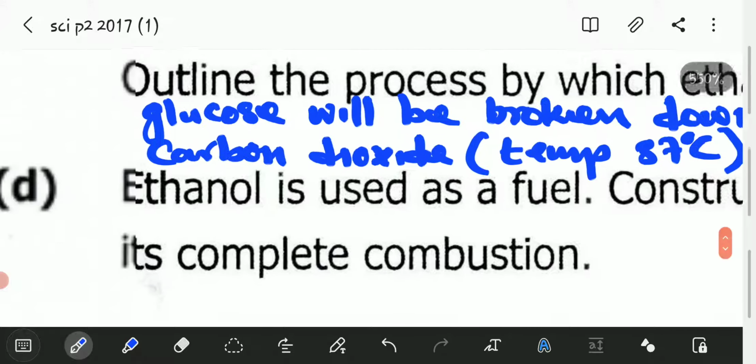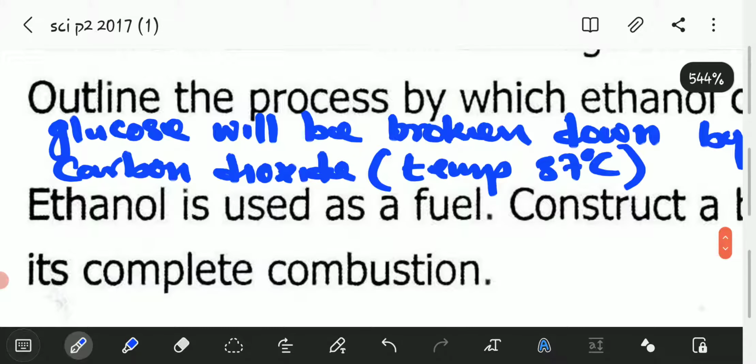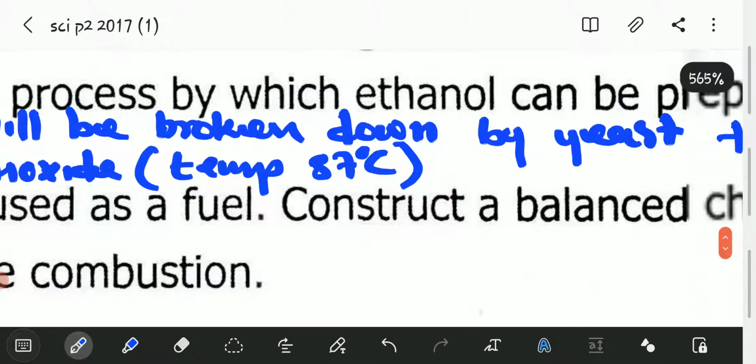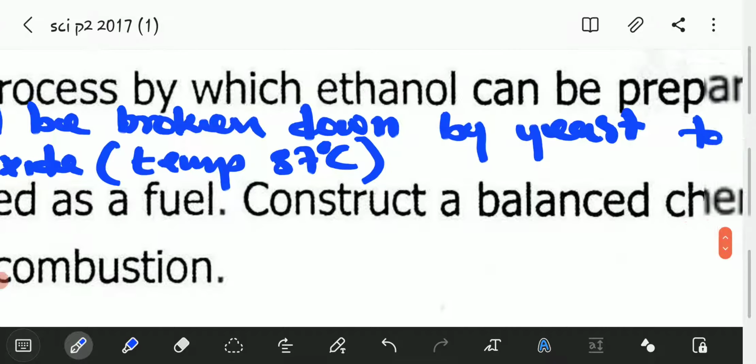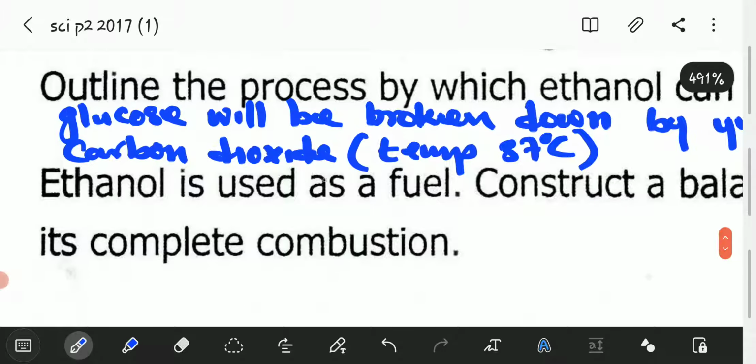The process is that glucose is broken down by the enzyme yeast to form what? Ethanol and carbon dioxide at a temperature of what? 37 degrees Celsius. And to validate, remember, it's 3 marks.